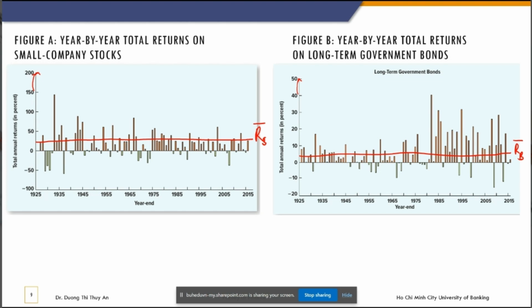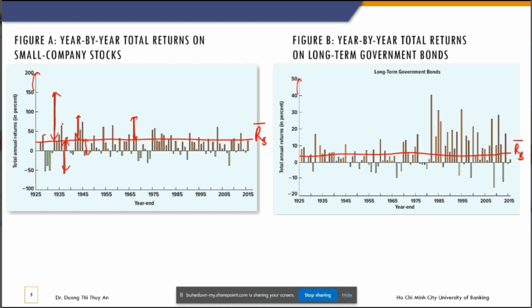So what we're going to do is measure the distance between the return of each year and the average return. In other words, I measure this distance, and this distance, the distance from one return to the average value.